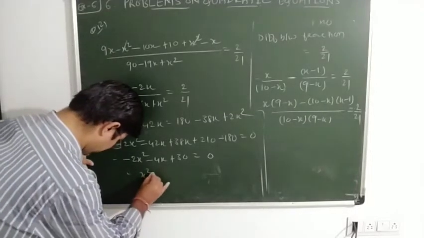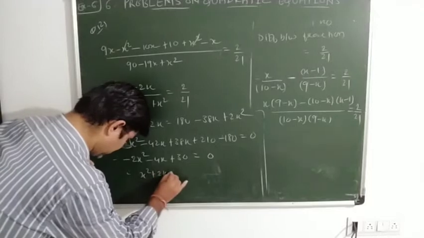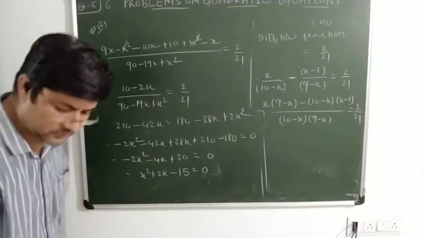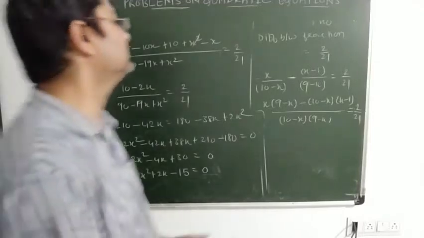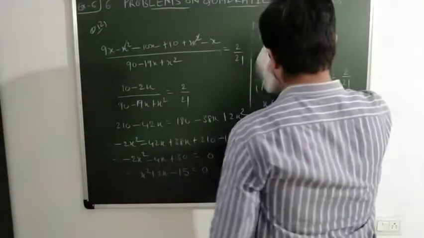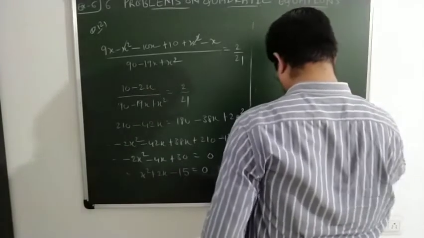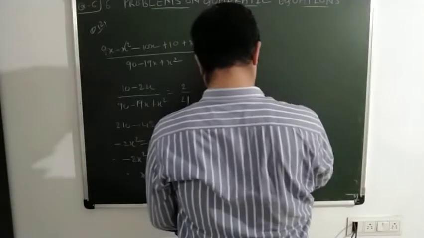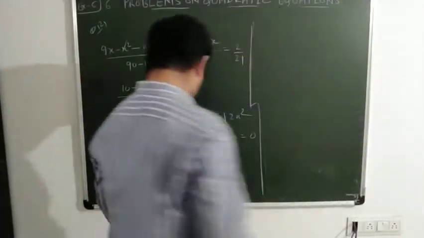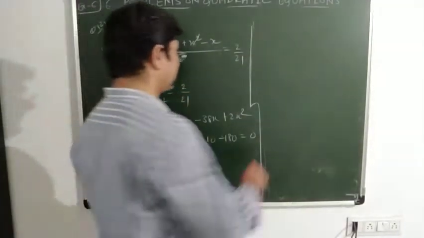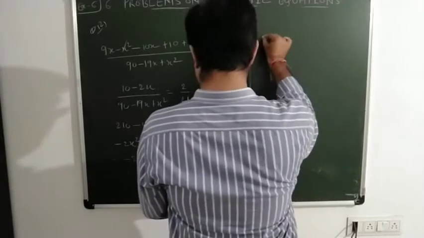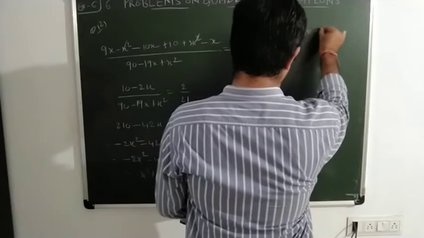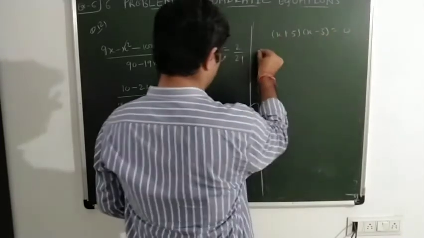So x square plus 2x minus 15 is equal to 0. Okay, now 5 3s are 15, we will factorize. Therefore x plus 5 into x minus 3 is equal to 0.